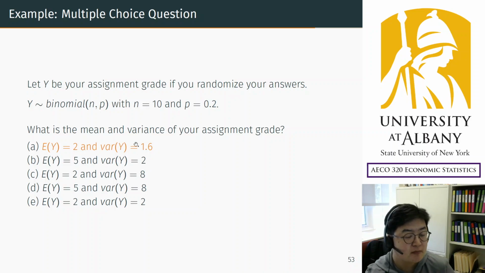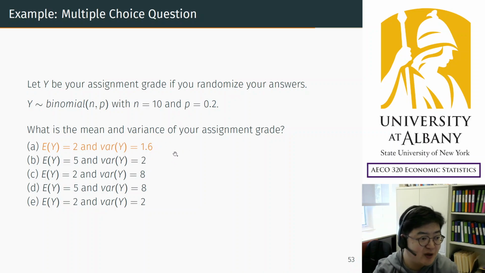Using this, you can calculate how much better you are than randomization. If you get lower than 2 points, then you are worse than randomization. Okay.